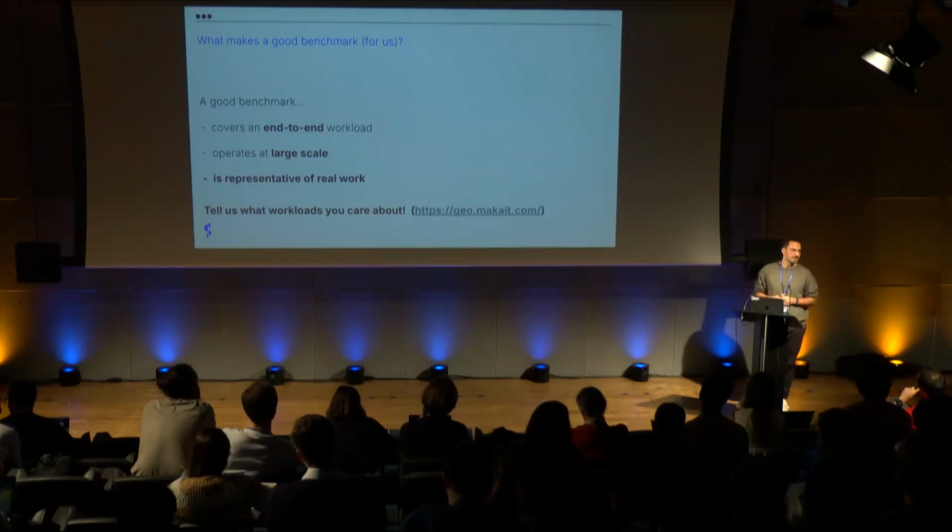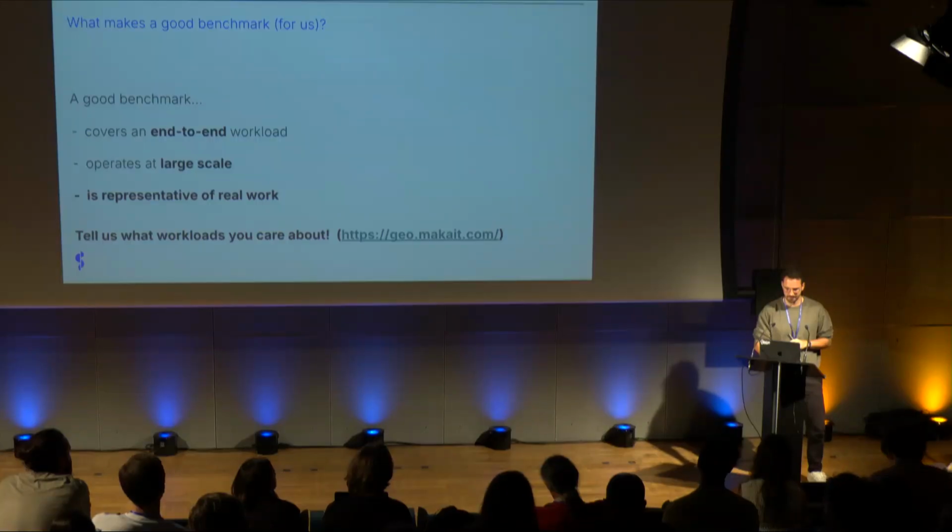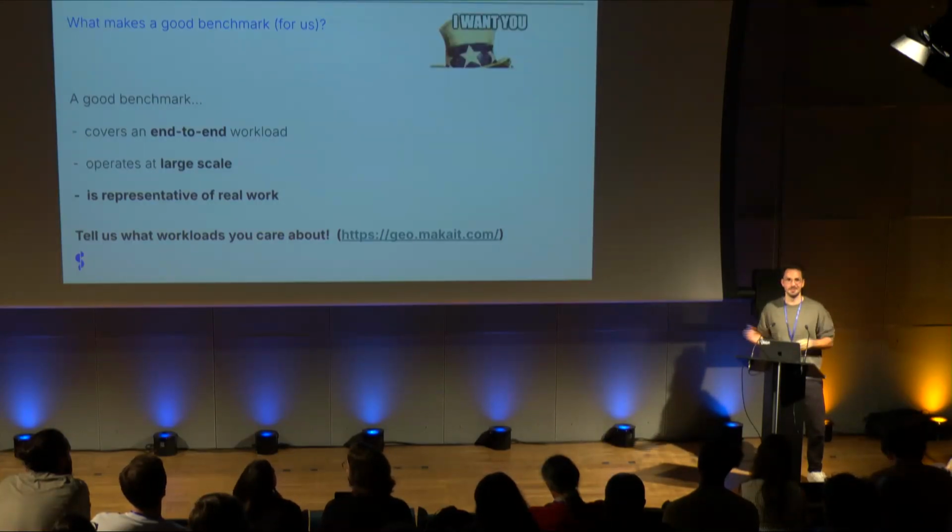So I'm asking the geoscientists in the room: if you have some workload that you care about, or generally, if you have something you do in Dask that you care about, let us know. For geospatial workloads, please help us create a benchmark for your workload. We want you to help Dask help you.